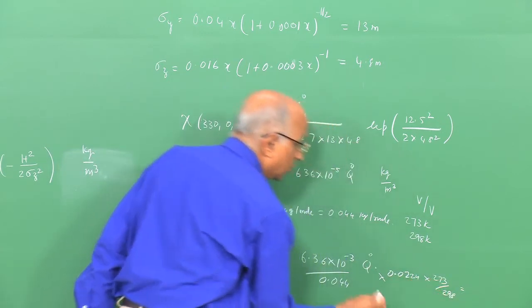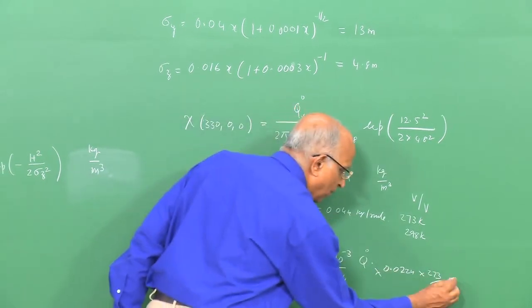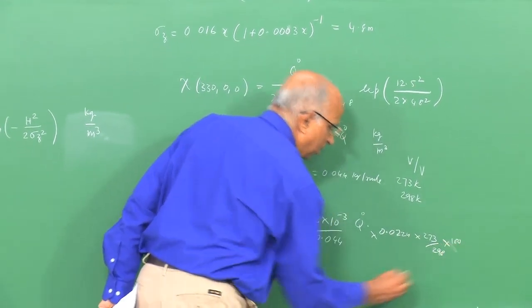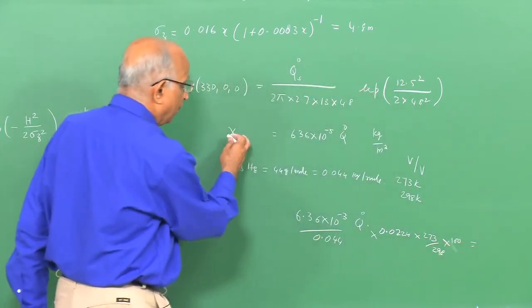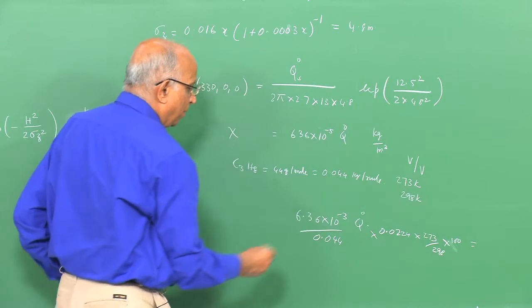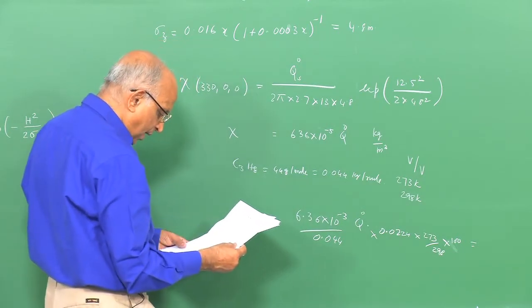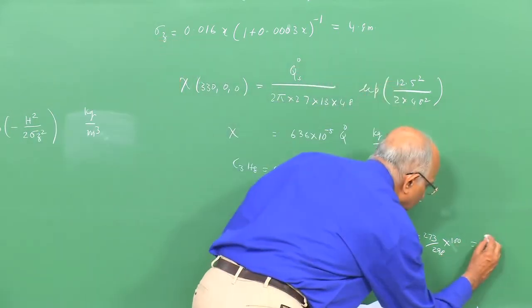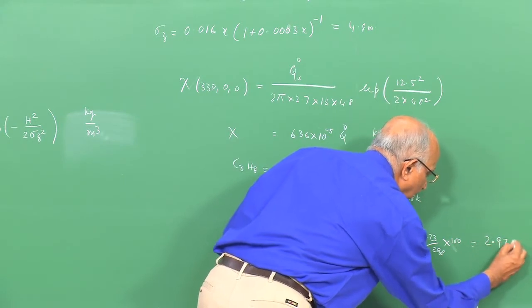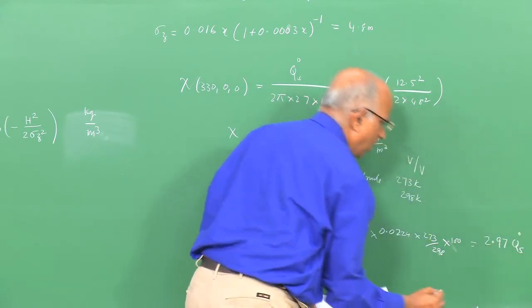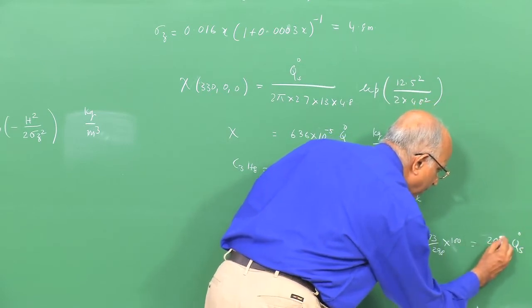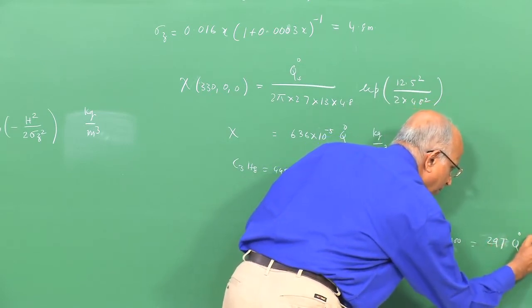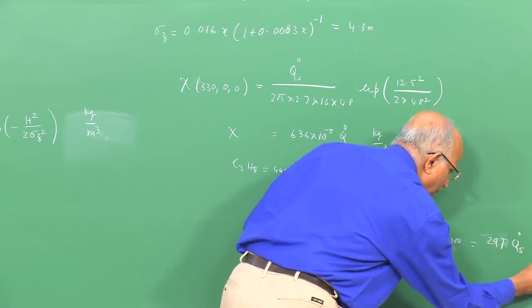This gives me so much volume by volume, and if I want percentage volume by volume, I multiply by 100 and I get the value of concentration in percentage volume of propane by volume as equal to so much into q dot s, so much kilogram per second, into 100, that is 297, so much percentage volume by volume.